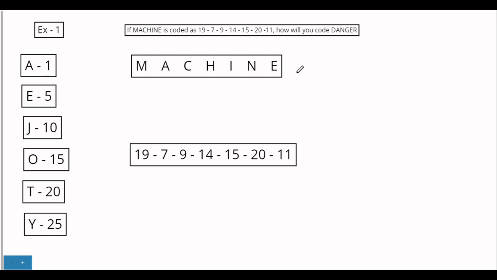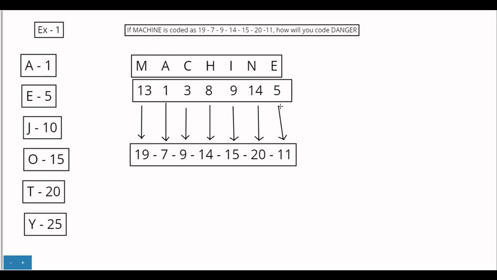So now, let us put the word machine into its number format, which is M13, A1, C3, H8, I9, N14, and E5.